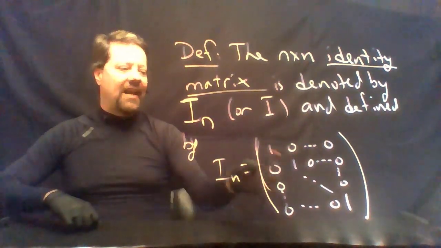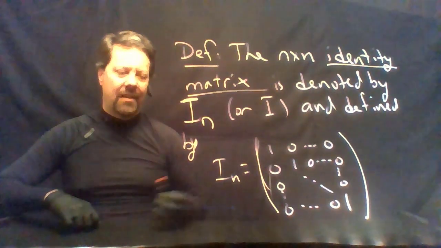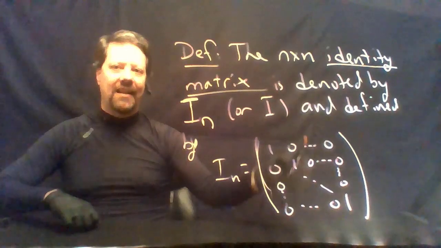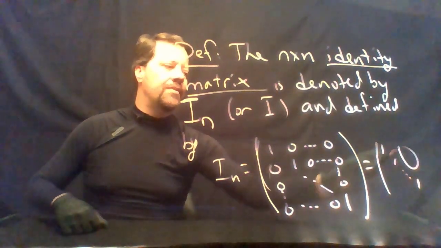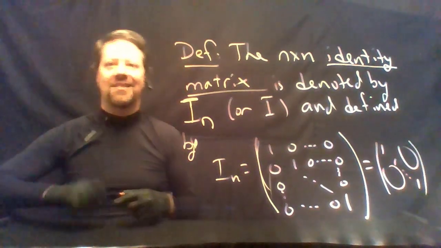So it's a diagonal matrix with only 1s on the diagonal and 0 everywhere else. We'll often just write 1, 1, 1 with 0s everywhere else.